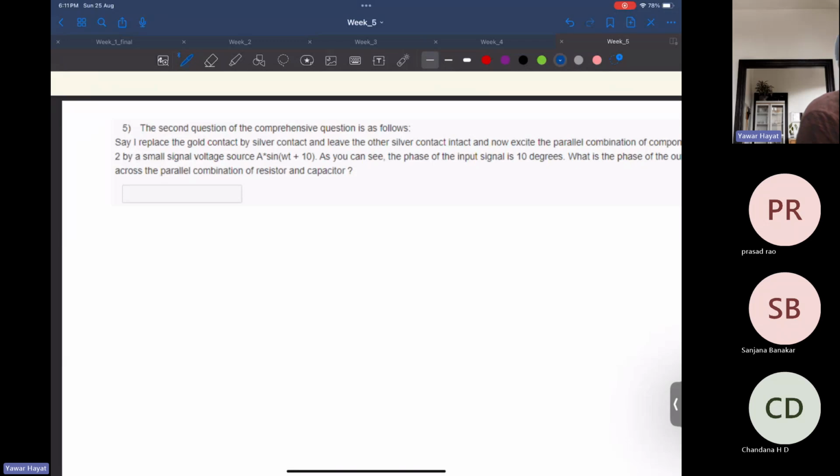See, after we replace the metal, the contact will no more be a Schottky, right? It's now an ohmic contact, right? I'll write it is no more a Schottky contact.